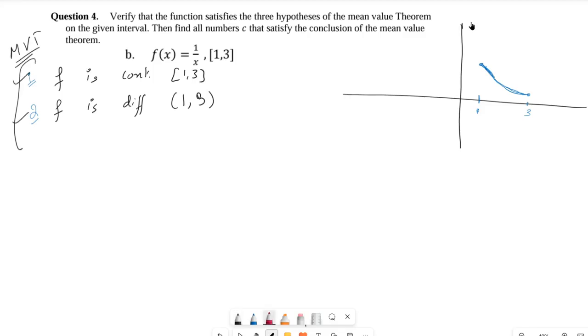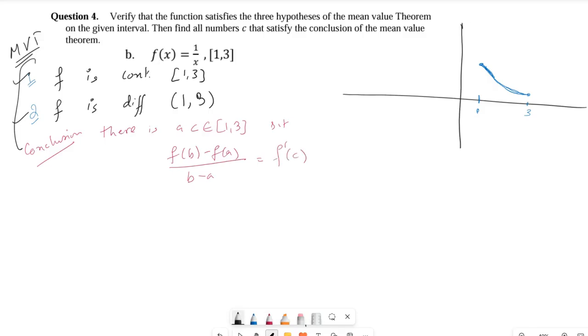So we can write the conclusion. The conclusion is, if you remember, there should be a c belonging to the interval such that (f(b) minus f(a)) divided by (b minus a) is equal to f prime of c.